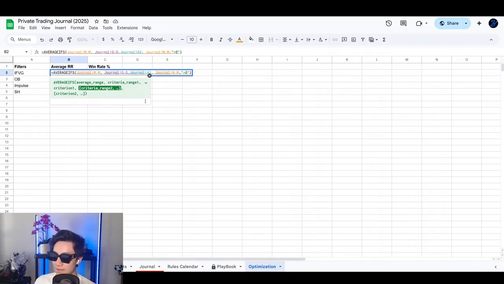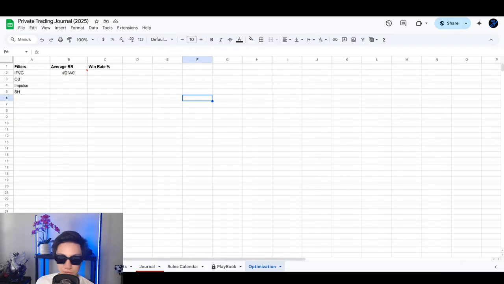See if we can find the example here. Journal, it should be this. Must be something I'm doing wrong here. Let me copy and paste this real quick.